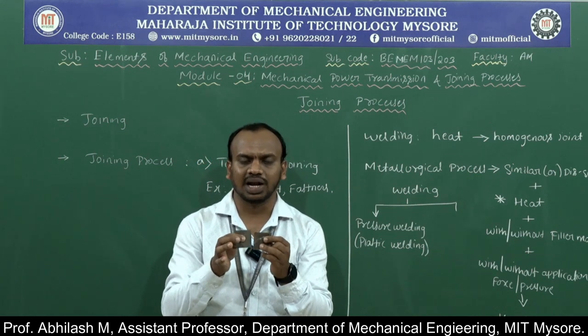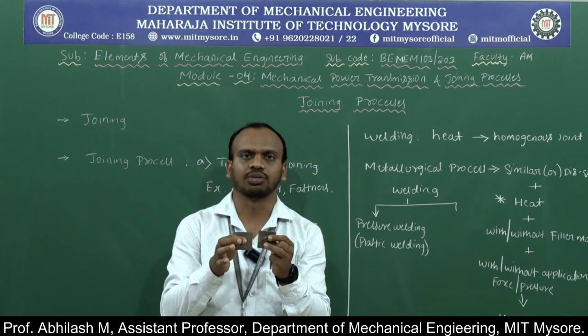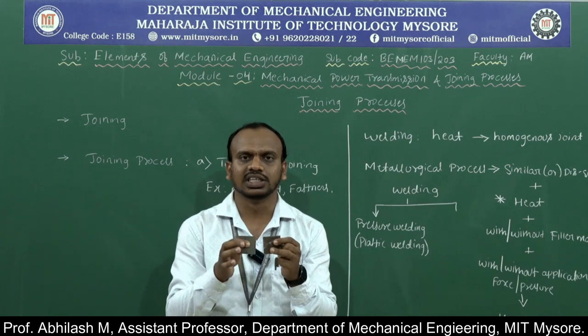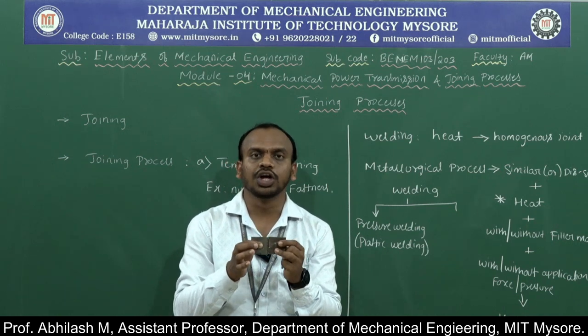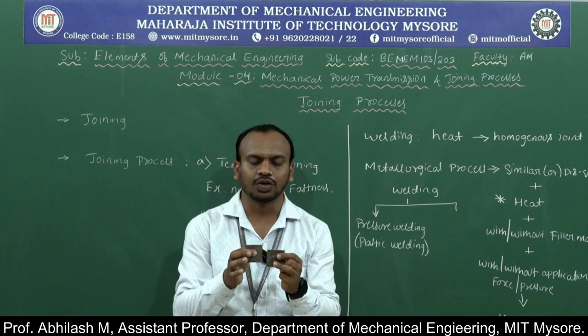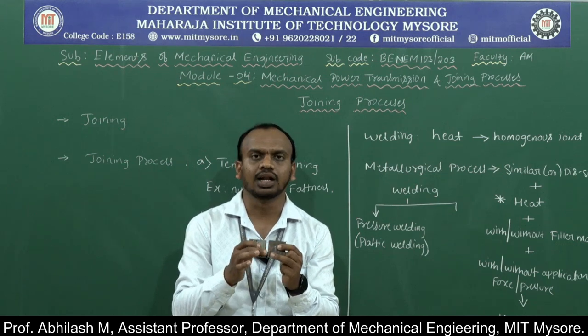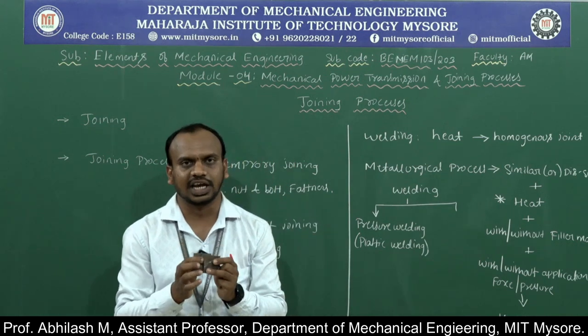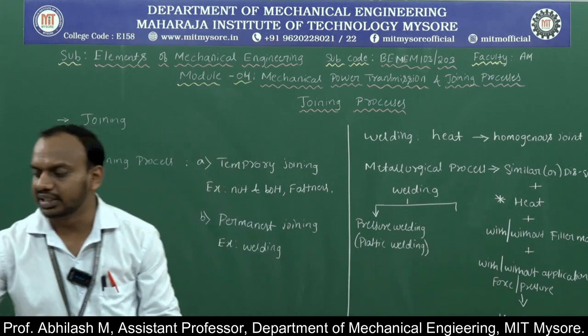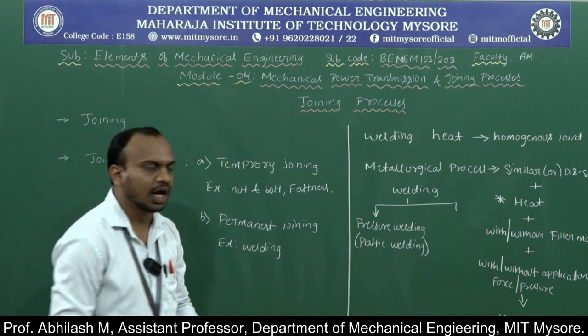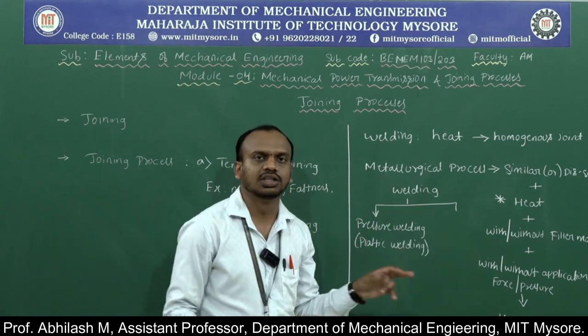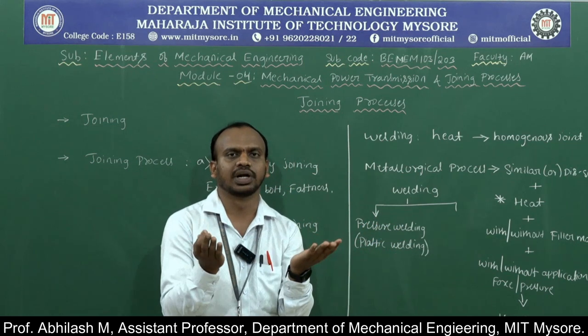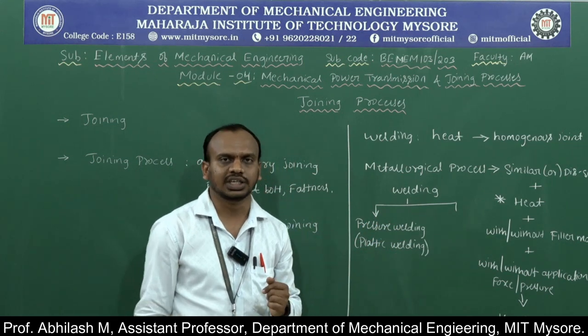Imagine this is a mild steel having a melting temperature of about 1400 to 1600 degrees Celsius. We are not going to heat up to the melting point, only up to the plastic state. And then with the help of an external force or pressure, I am going to join these two individual components in order to obtain a homogeneous joint.